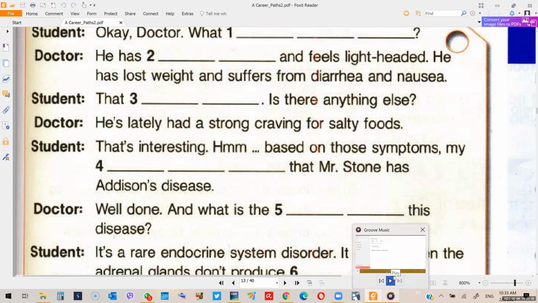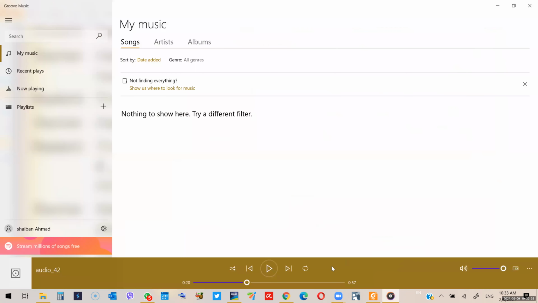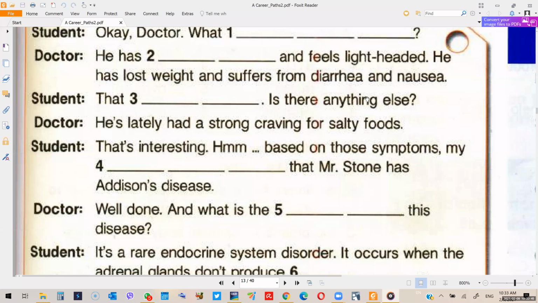Just a minute. Now let's do it. We listen step by step, sentence by sentence, then finish the gaps.